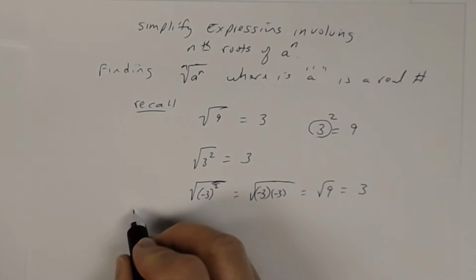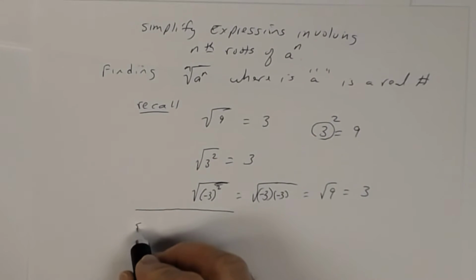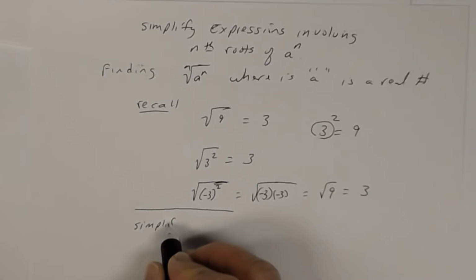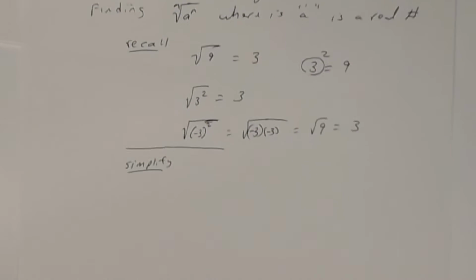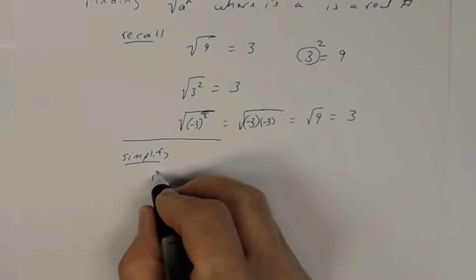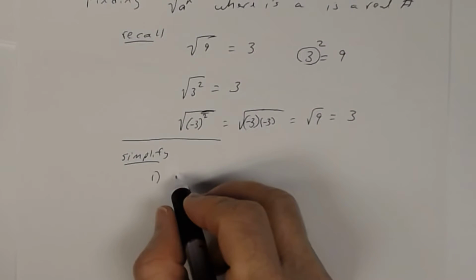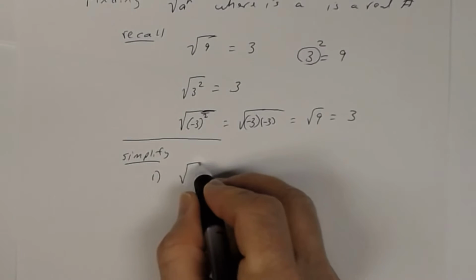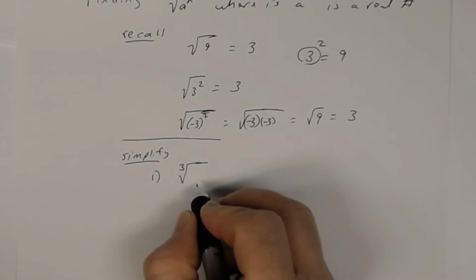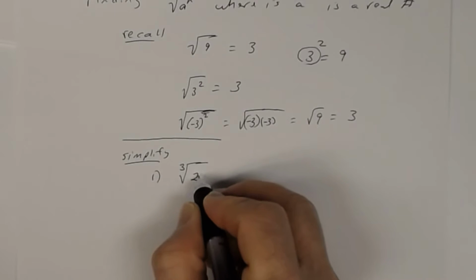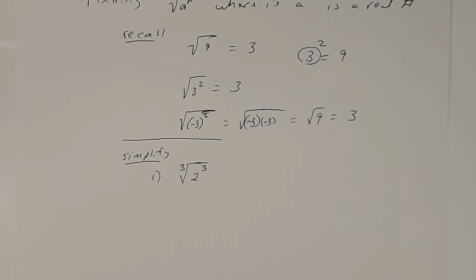Okay, so let's go ahead and simplify the following. Now we're going to start with the simple one. Number 1, suppose I have the cube root of 2 to the third power.